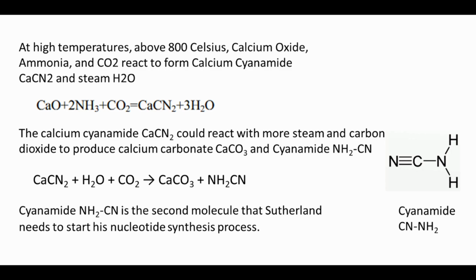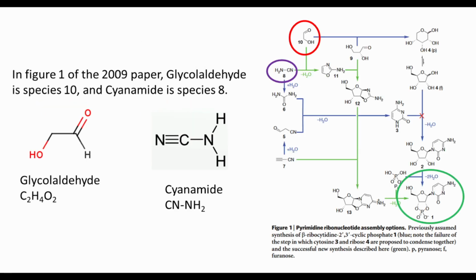Under more exposure to heat or electricity, the calcium cyanamide, CaCN2, could react with more steam and carbon dioxide to produce calcium carbonate, CaCO3, and cyanamide, NH2CN. Cyanamide, NH2CN, is the second molecule that Sutherland needs to start his nucleotide synthesis process.